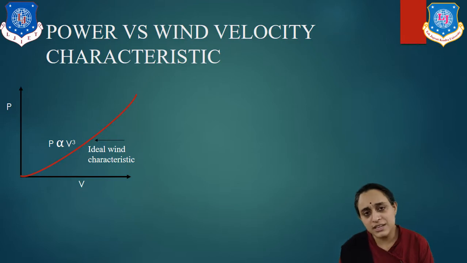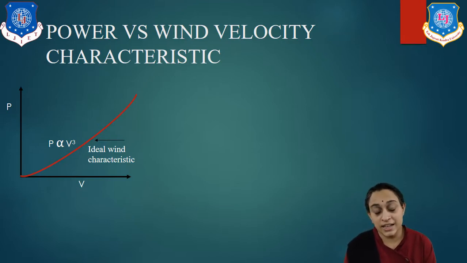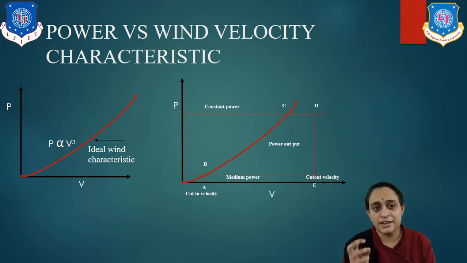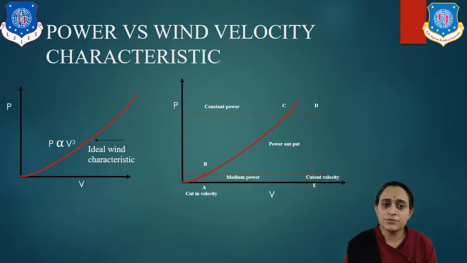In the idealistic characteristic shown in the diagram, there are points A, B, C, D and E. At point A there is the velocity Va, and at point E there is the velocity Ve. Va is known as the cut in speed, and Ve is known as the cut out speed.